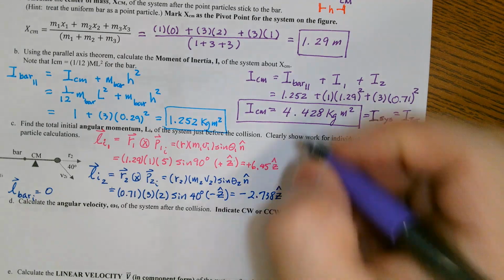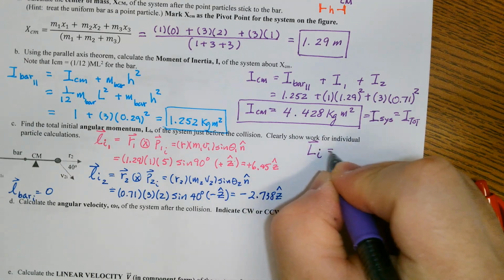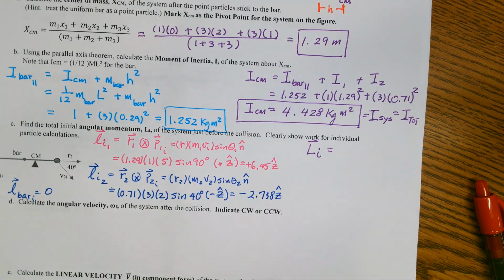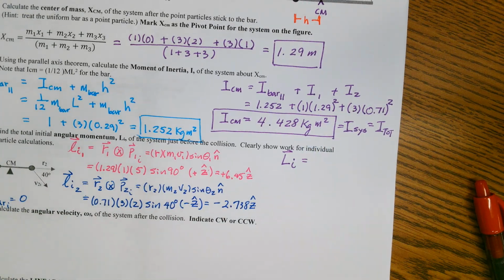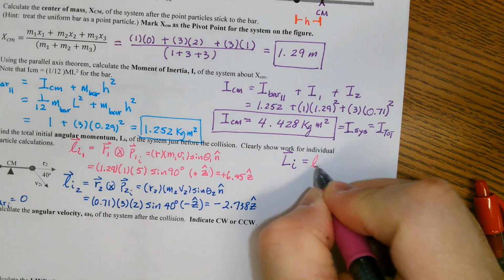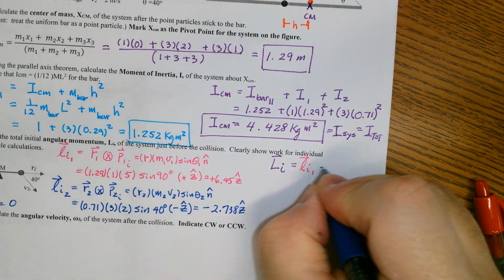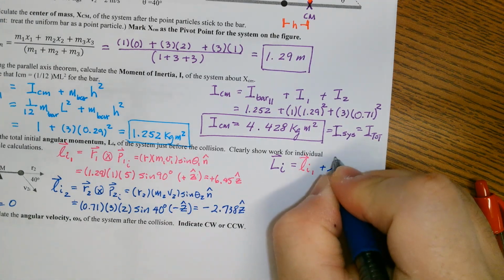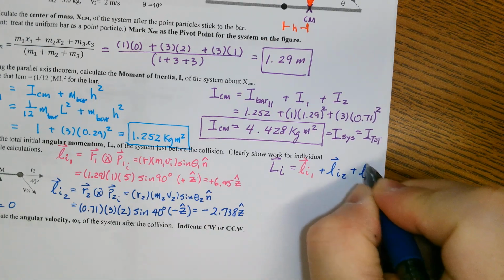So now we can say the total initial angular momentum is simply L initial 1 plus L initial 2 plus L bar initial.